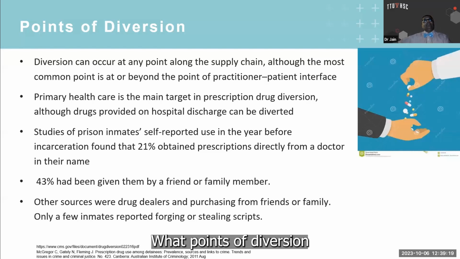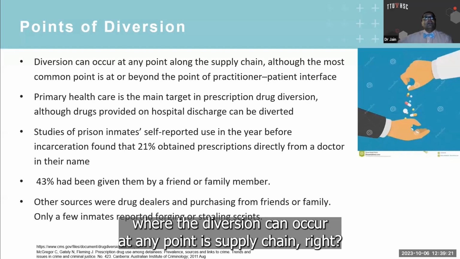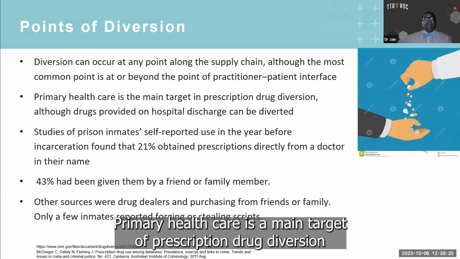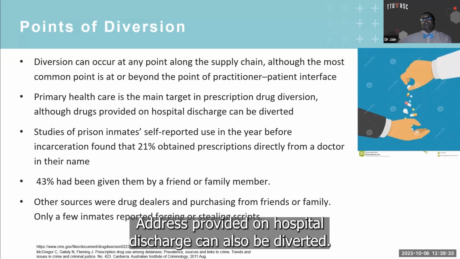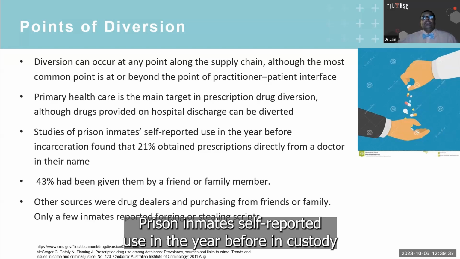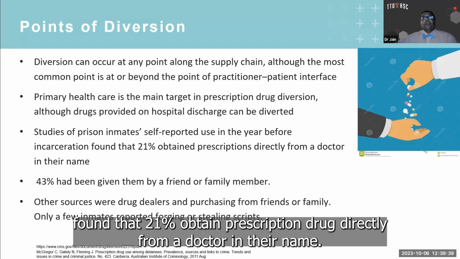Right? Points of diversion: the diversion can occur at any point of the supply chain, right? Primary healthcare is the main target of prescription drug diversion, right? But it can happen in any hospital; a drug provided on hospital discharge can also be diverted. In a survey of prison inmates' self-reported use in the year before incarceration, 21% obtained a prescription directly from a doctor in their name.